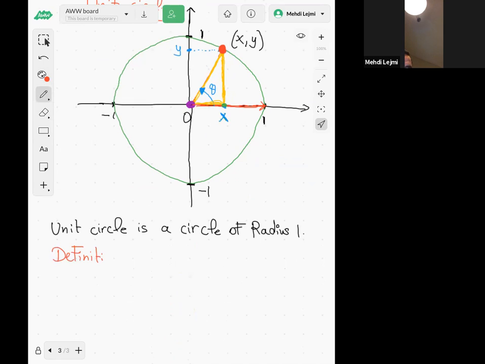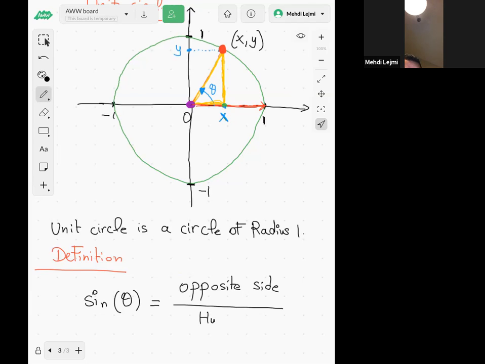By definition, the sine of the angle theta is the opposite side to the angle theta over the hypotenuse of the right triangle.